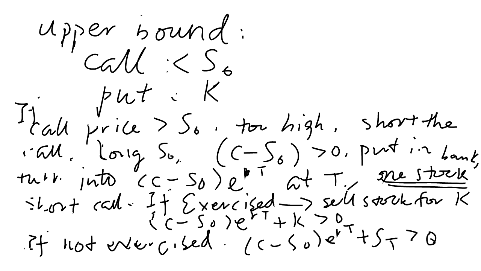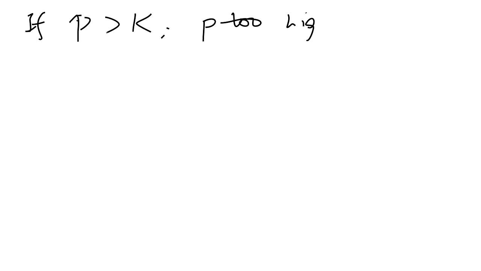Okay, so suppose the put turned out to be greater than the strike. That means the put price is too high, right? So P is too high. So we are going to sell the put.